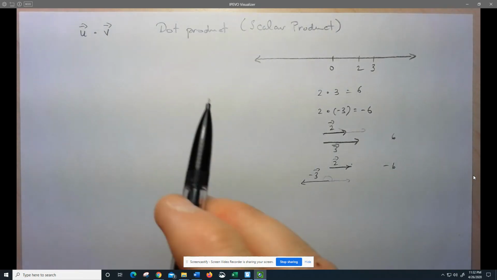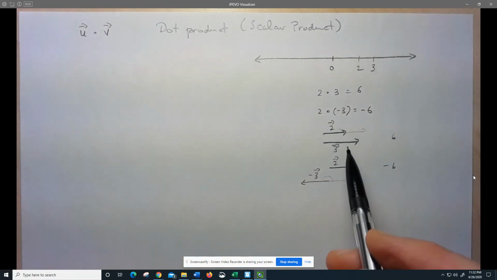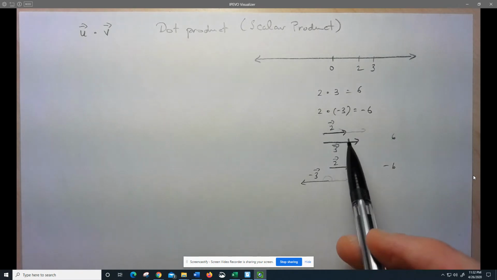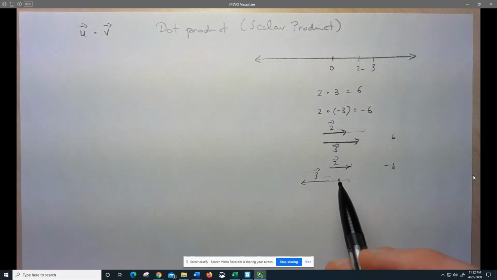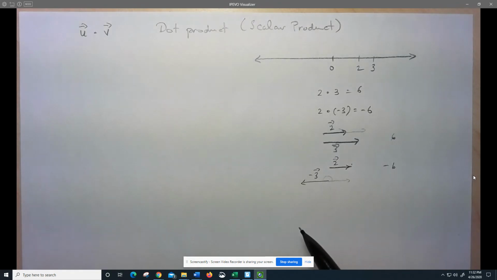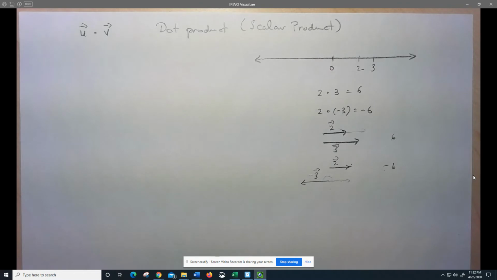And the inspiration for what I'm going to define is the angle 0 and the angle 180. How can the angle 0 and the angle 180 produce something positive when it's 0 and something negative when it's 180? And if you think about it, what happens when you take cos of 0 degrees?